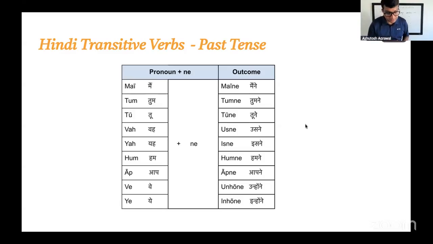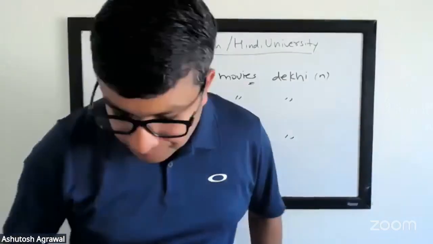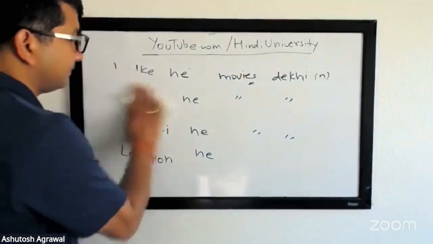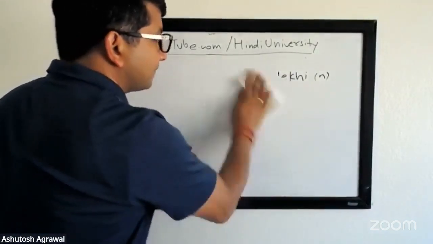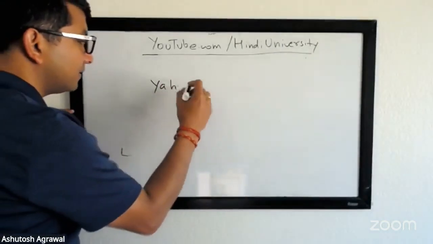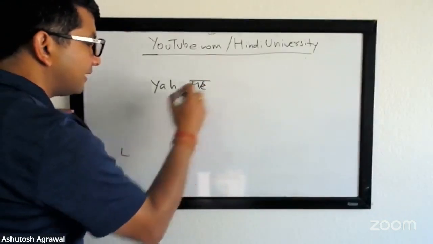Yeah. Ashuji, I have a question here. Yaha and Vaha often turn into ye and vo. That's right. So what happens to vo when you try to add the ne to it? So who would like to answer that? The question is, you have yeh and vah.